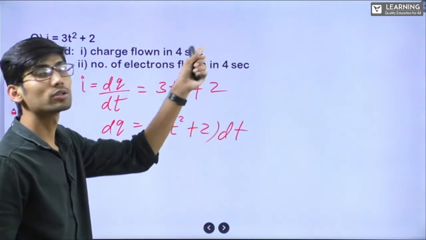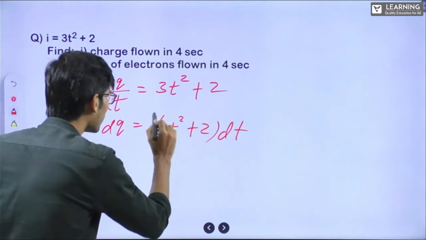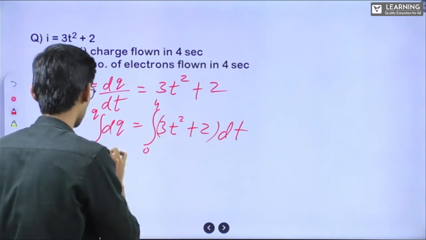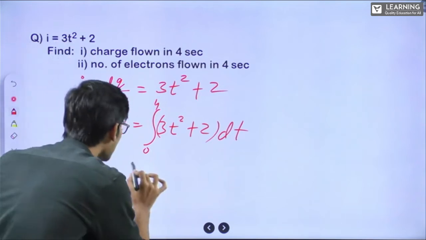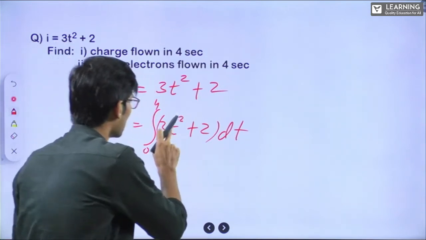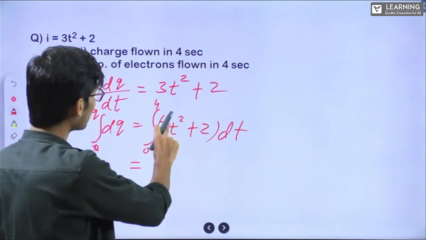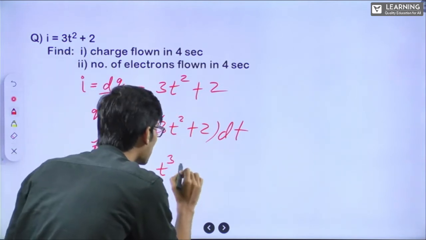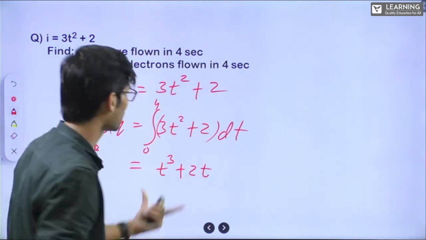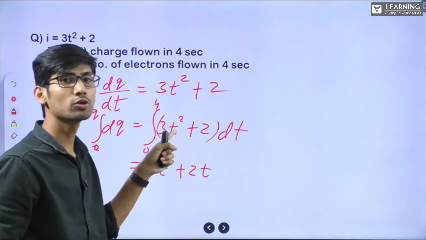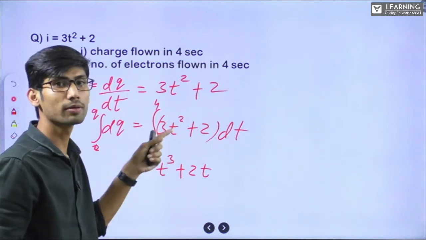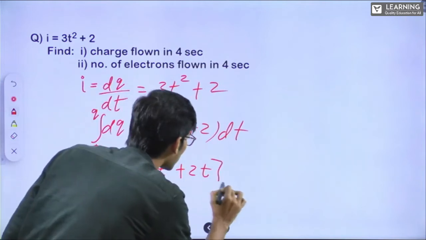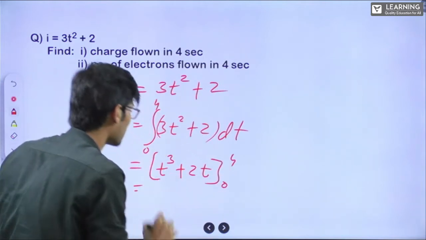Charge flown in 4 seconds. In 4 seconds, if I want to find, I'll integrate it from 0 to q, and time from 0 to 4 seconds. If I integrate this, 3 will be constant, t cube by 3. 3 and 3 will be cancelled. This will be t cube plus 2t. Here t square gives t cube by 3, and 3 and 3 cancel because it is in the denominator. Here 2t, and the limit is from 0 to 4.